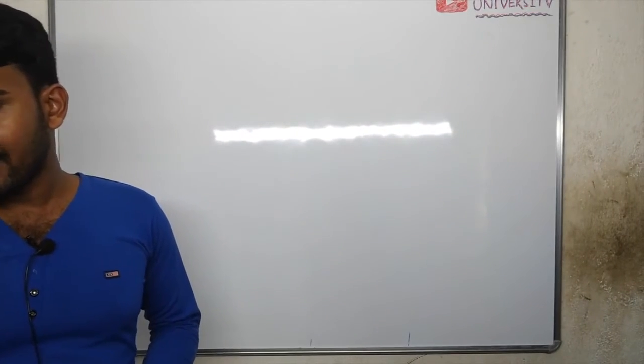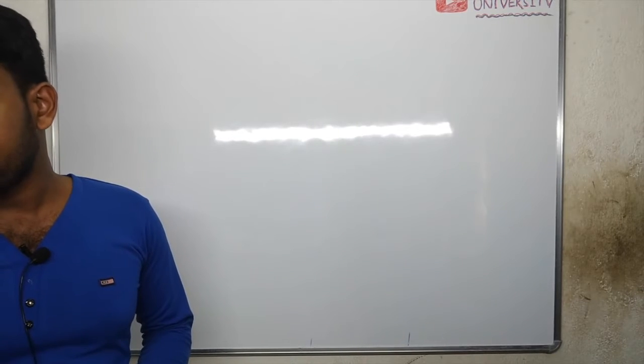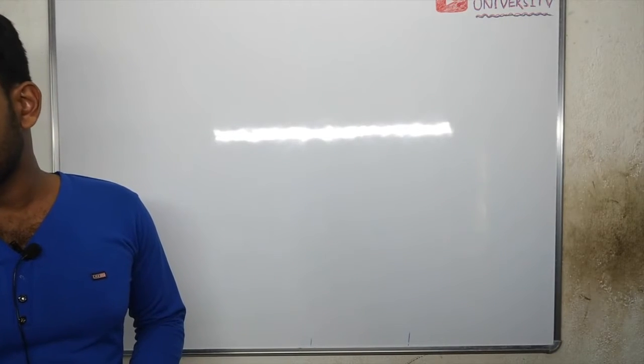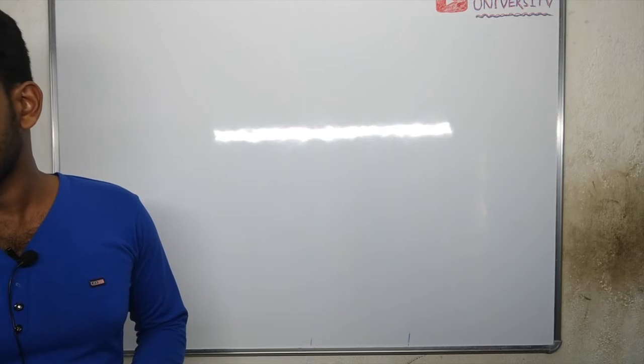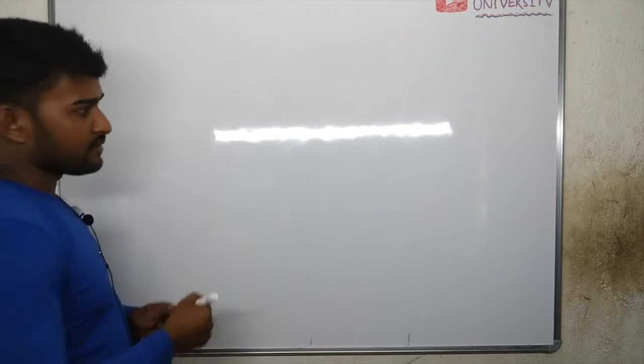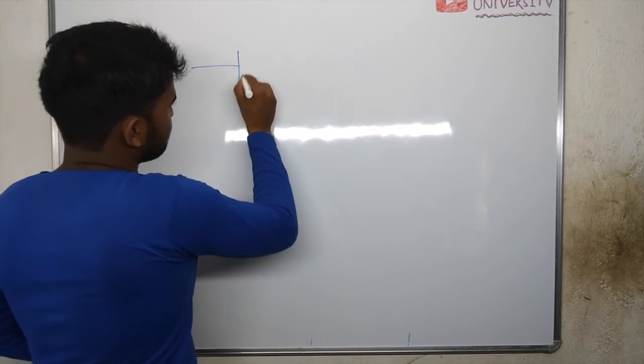The diodes and capacitors in the circuit shown are ideal. The voltage V of t across diode D1 is dash. And the circuit is given like this.